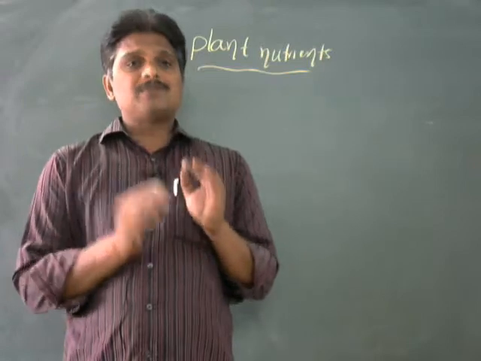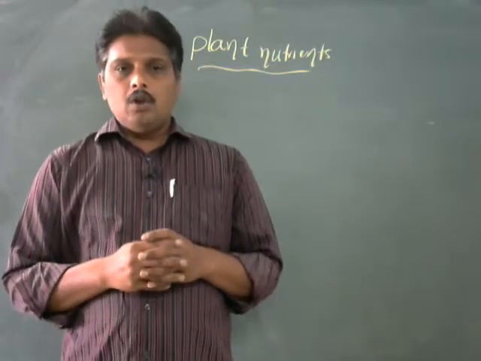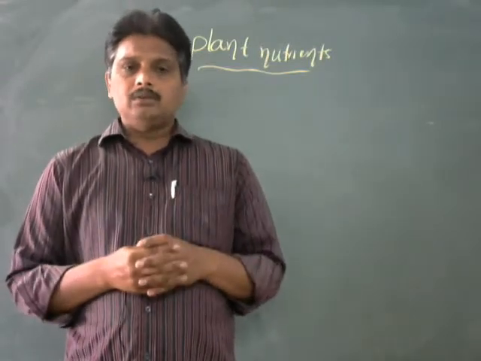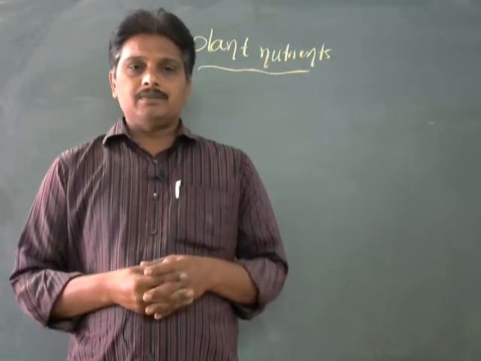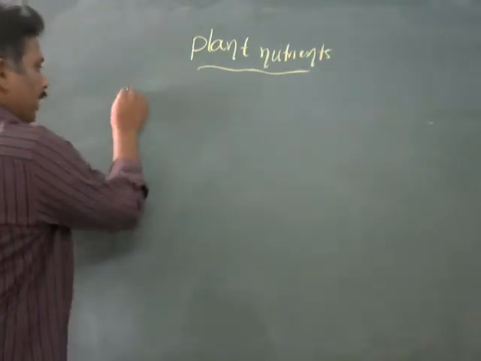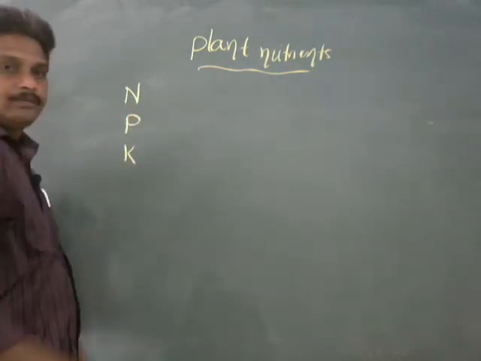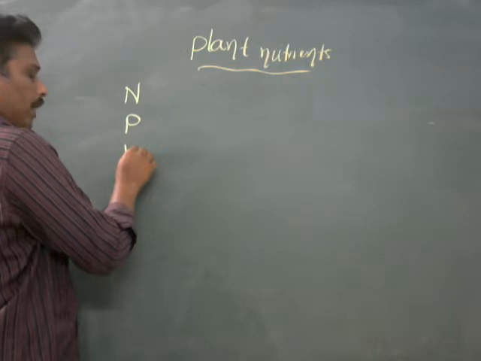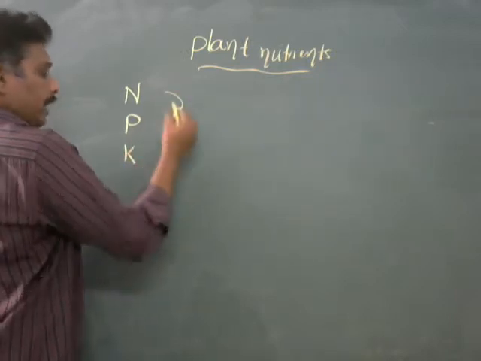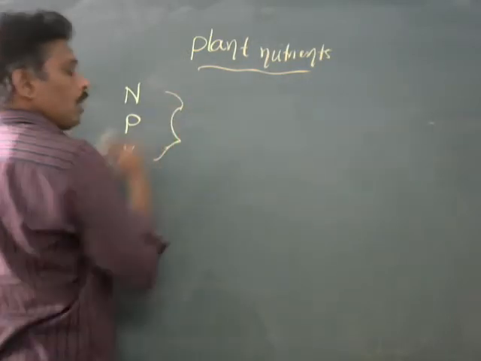But apart from these three constituents, plants also require certain elements like nitrogen, phosphorus and potassium. These are also required, and in major quantities.